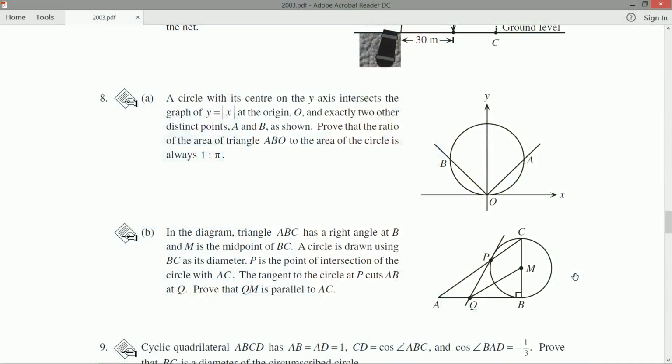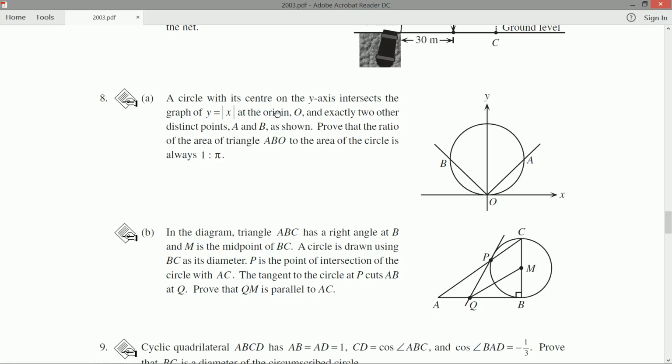So question 8 has two parts, both of them written, as we can see with the little symbol beside the A and the B, the handwriting on paper. And part A: a circle with its center on the y-axis intersects the graph of y equals the absolute value of x. So this turns positive numbers into positive numbers and negative numbers into positive numbers as well, and keeps their values essentially the same.